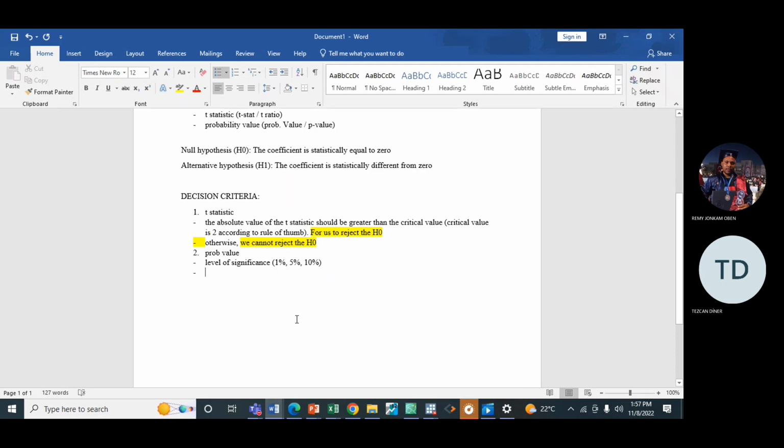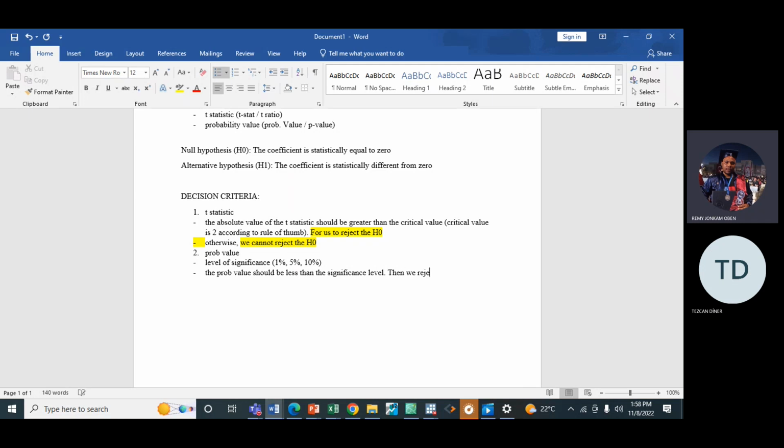Now, what happens if we are using probability value? For us to reject the null, the probability value should be less than the significance level. Then we reject the null.